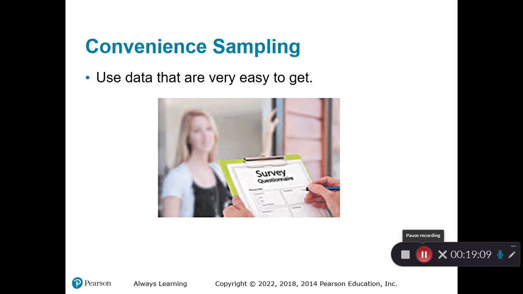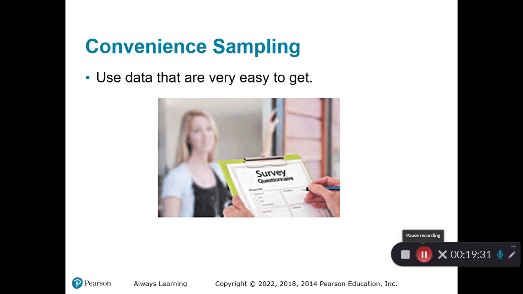The data that comes from this type of technique tends to be rather skewed, tends to be rather biased, and I think for obvious reasons you can see why convenience sampling doesn't give us good confidence that the sample we end up with represents the entire population of interest.